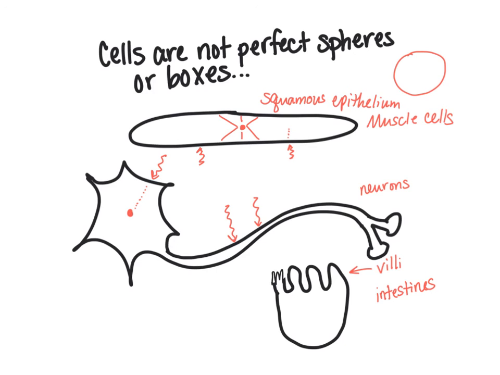By having this long, skinny shape with these cellular extensions, it can increase its surface area without having the same amount of volume increase. Same thing with these intestinal cells that I introduced down here. The cells can increase their surface area without increasing their volume at the same rate that they would if they were perfectly spherical or cubical.